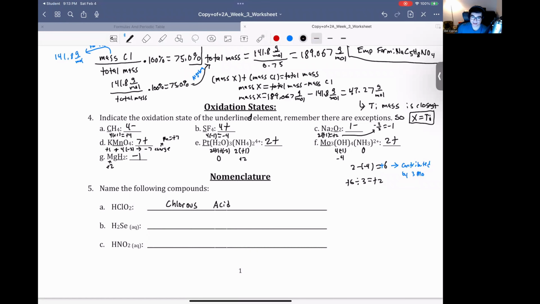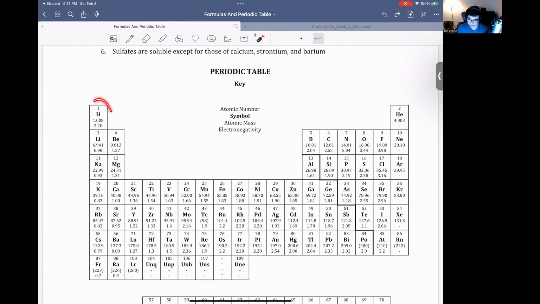All right, next we have H2Se. We have two nonmetals here. Hydrogen is a nonmetal, so this is dihydrogen selenide. You have two hydrogens, indicate it with a dihydrogen, and then the selenide is the Se. You can check your periodic table here and confirm that these are both nonmetals.